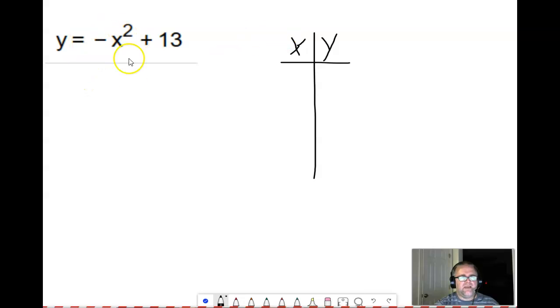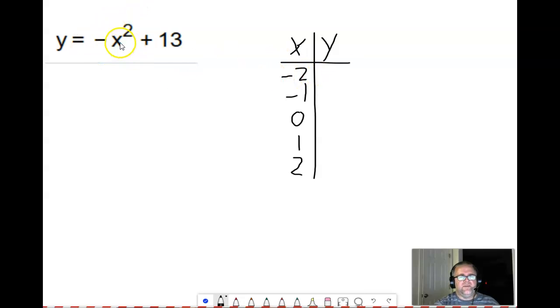And so when we have our domain going from negative infinity to positive infinity, and we're doing a table, I usually like to start at negative 2, and then I go to negative 1, 0, 1, and 2. And this should give me a good idea what's going on here. So if I put negative 2 in for x, remember, order of operations, I do the exponent first, and then I apply the negative out front, because the negative is multiplication, and exponents come before multiplication.